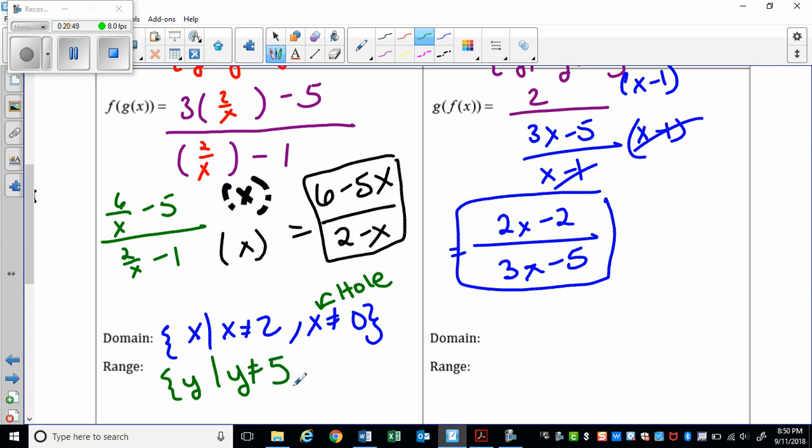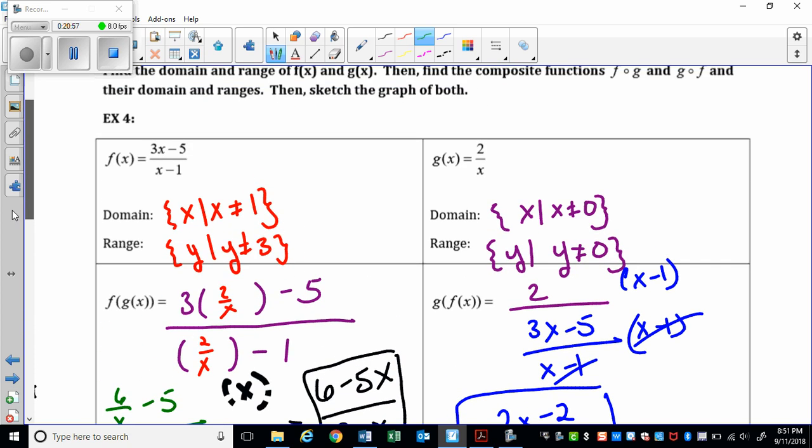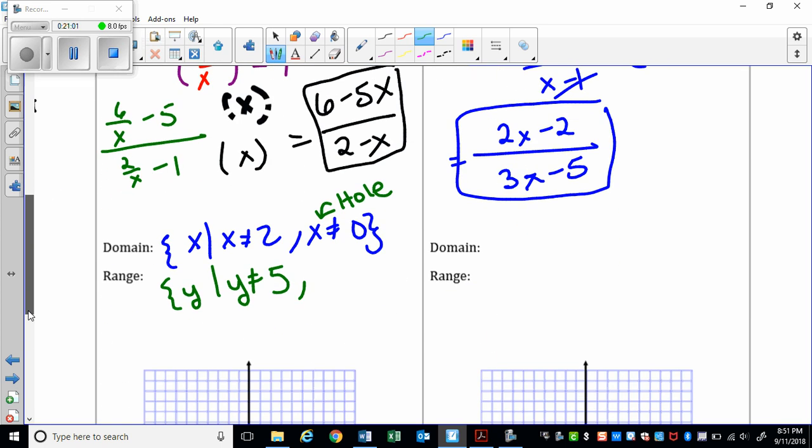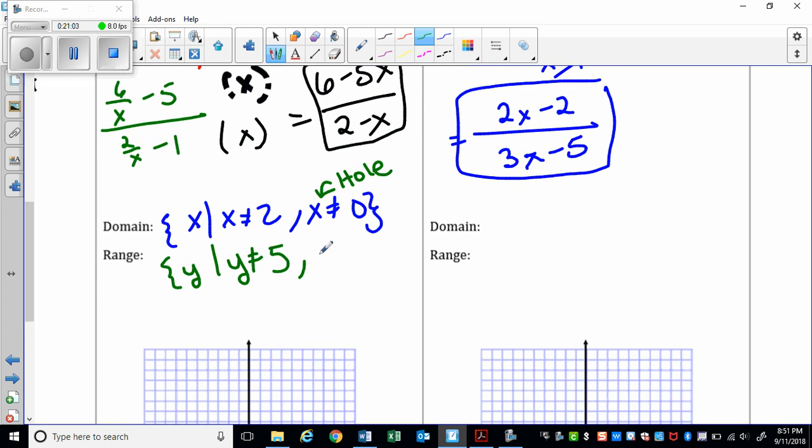And let's look at our restriction of the outer function. My restriction of my outer function is this, y cannot equal... there'll be an asymptote or a hole there. Sorry, y does not equal 3, positive 3. And there will be a hole here also.